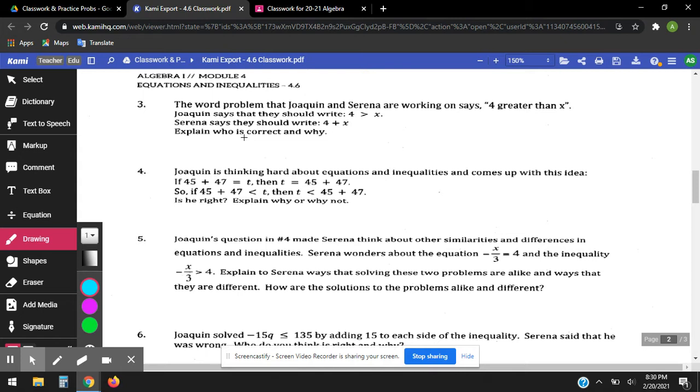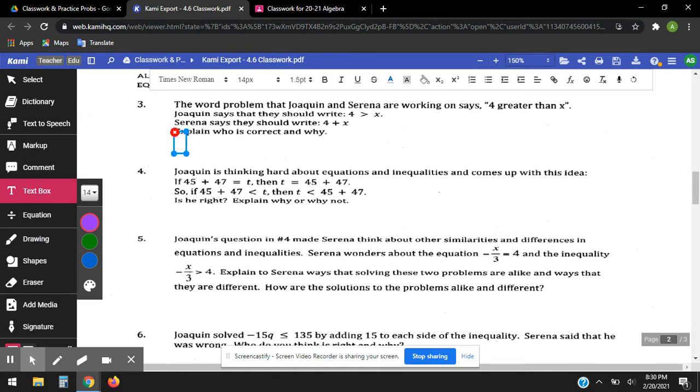It kind of depends on the wording. So in this case, 4 greater than x, if I have the number 5, then 4 greater than 5 is 9. So that's 4 plus x.